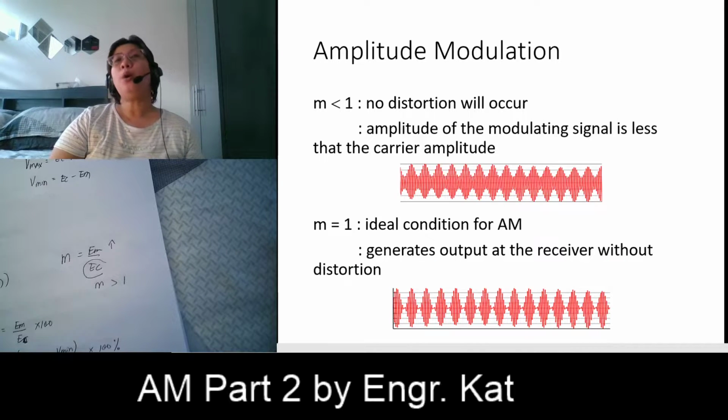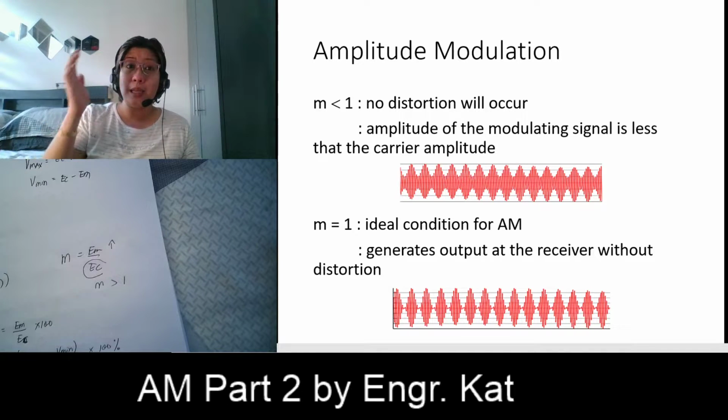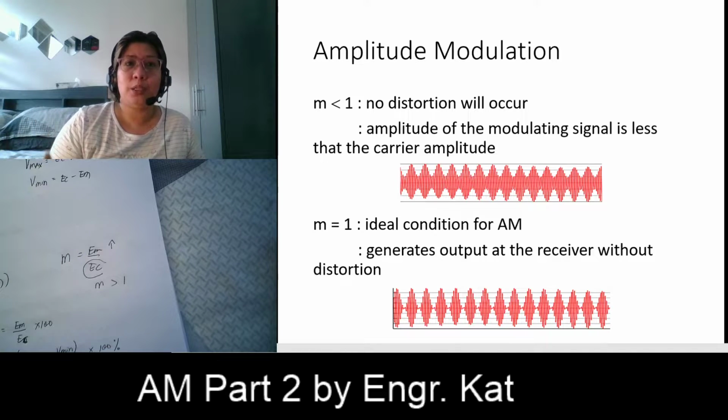Okay? So when your M is lesser than 1, of course, this is the usual, since M equal to 1 is an ideal and there's no such thing as an ideal. So whenever your modulation coefficient is nearing 1, that means we are nearing the ideal situation.